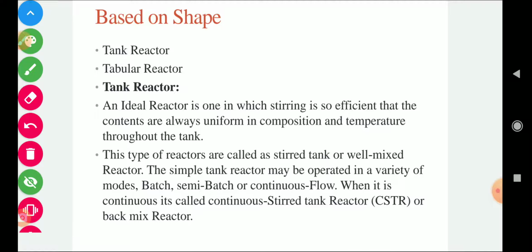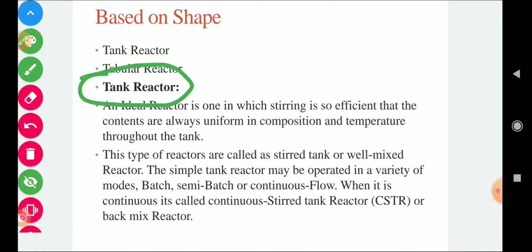In an ideal tank reactor, stirring is so efficient that the contents are always uniform in composition and temperature throughout the tank. So they are well-mixed reactors in which there is perfect mixing, and for an ideal tank reactor the composition and temperature are the same throughout the reactor. This type of reactor is called a stirred tank or well-mixed reactor.